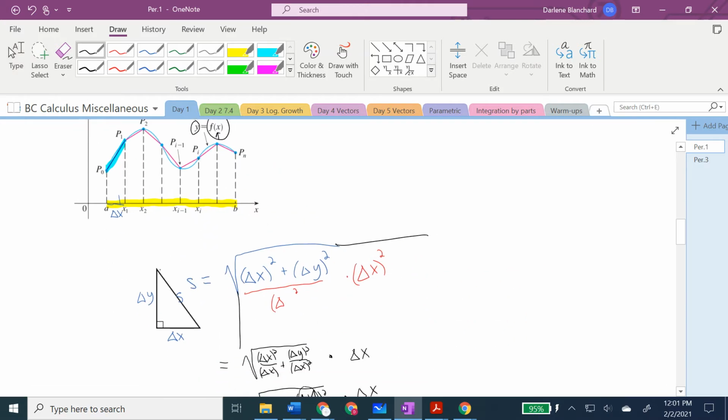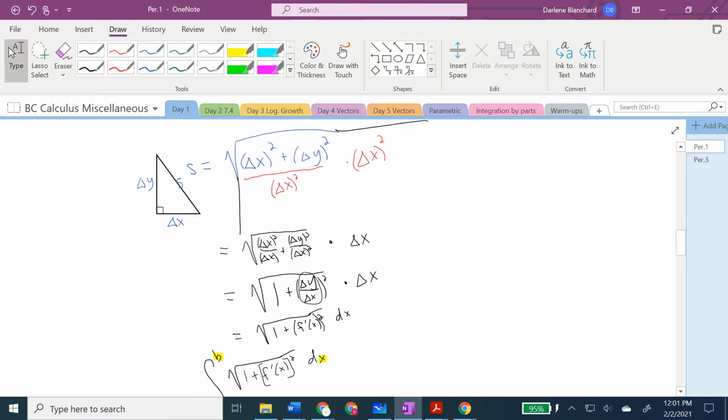If I want to find distance, I need to Pythagorean theorem my change in x and my change in y. Whatever variable you cut up into small pieces, that's the variable that you need to end up with respect to with your integral.